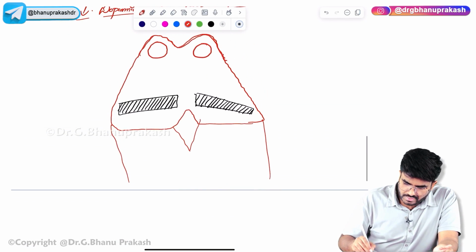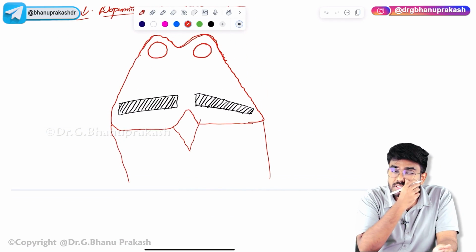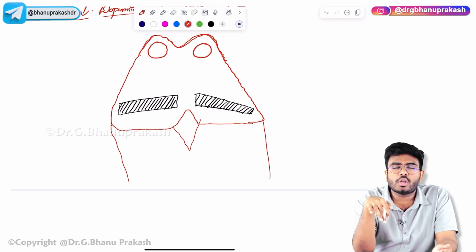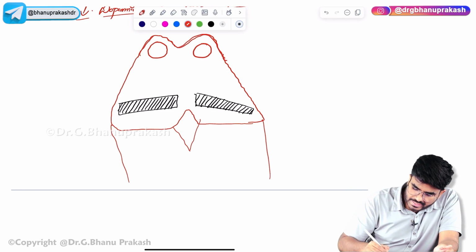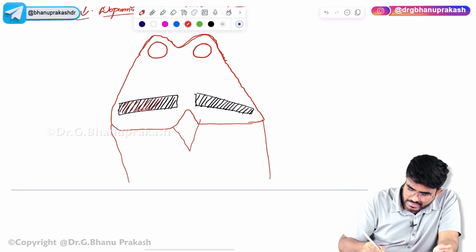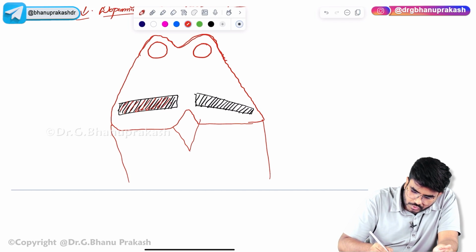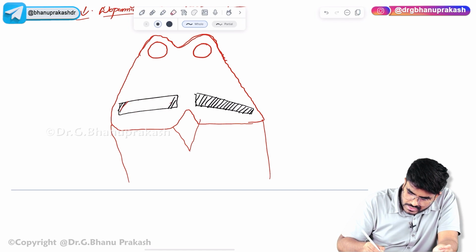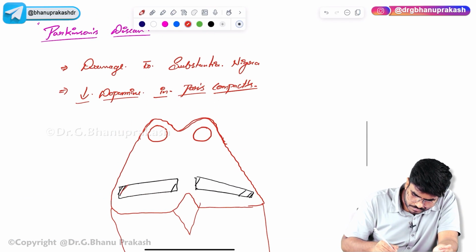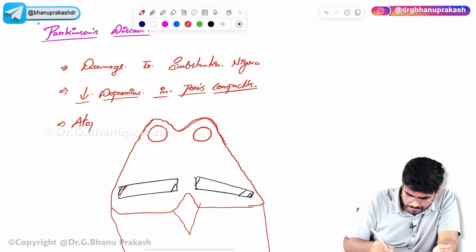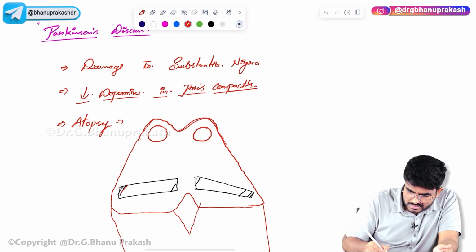Whenever the dopamine is lost from this area, if you see the gross morphology after the death of these persons, when you do the autopsy and look at the midbrain, this area will become pale in color. This area is losing the dopamine. The dopamine is not getting produced here. So this area will look pale in color. So there is depigmentation on autopsy.